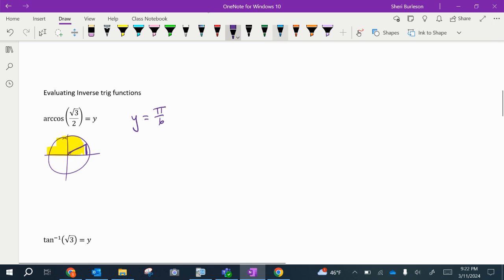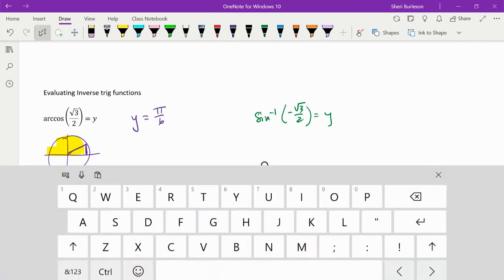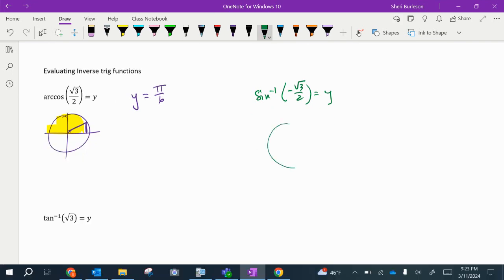If I asked for the inverse sine of negative root 3 over 2, and said that was going to equal y, again, inverse sine exists only in quadrants 1 and 4. And in quadrant 4, it's a negative rotation.